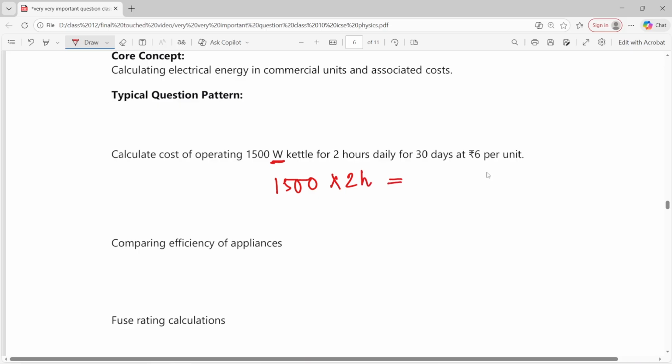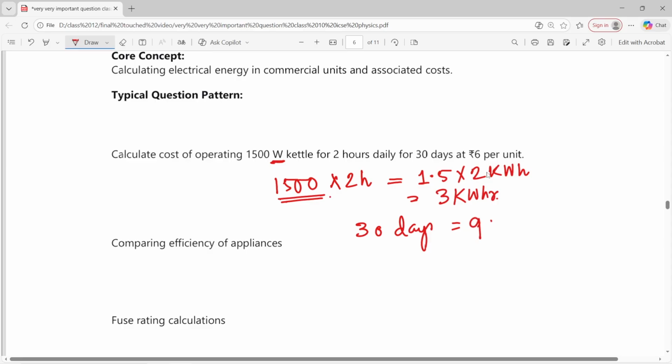So it must be solved: 1.5 into 2 kilowatt hour. So that is 3 kilowatt hour for a single day, and for 30 days, 30 into 3, 90 kilowatt hour.